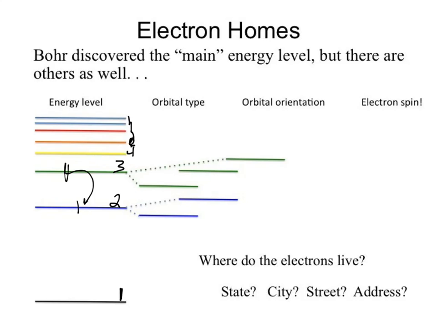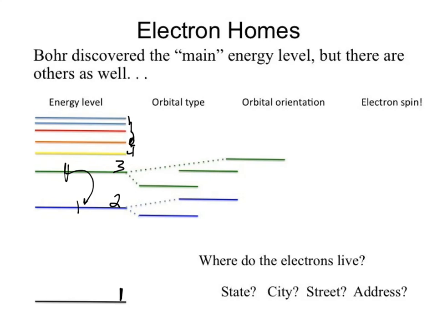types, or different types of orbitals, for lack of a better word in this case. As we add an energy level, we add an orbital type. So when we start at our lowest energy, we only have one orbital type. When we increase in energy, we get another orbital type, and we get 2 possible types.